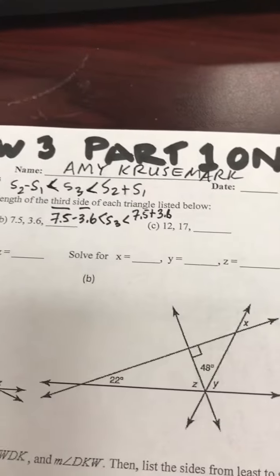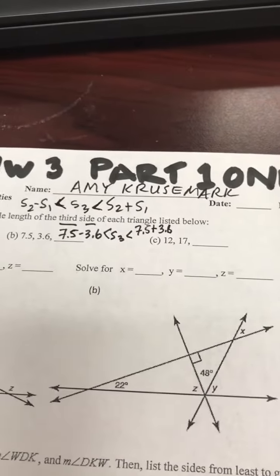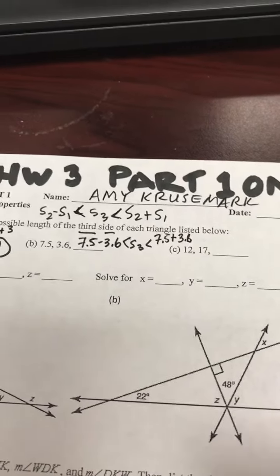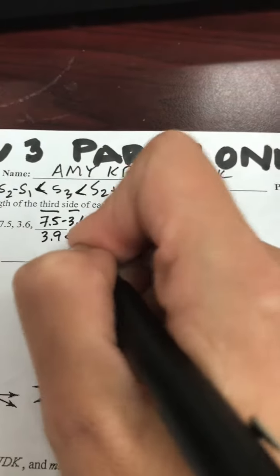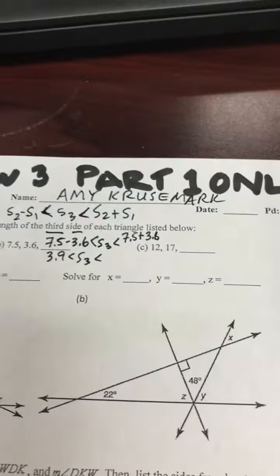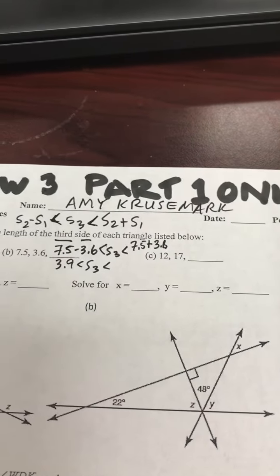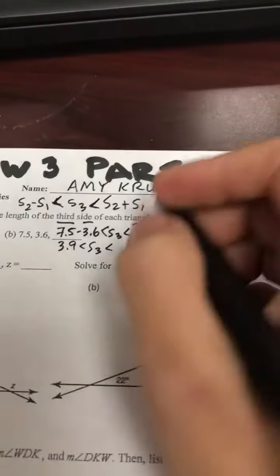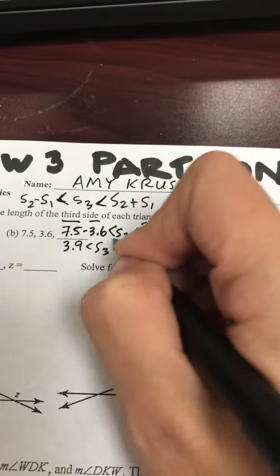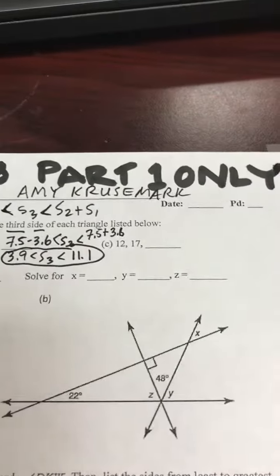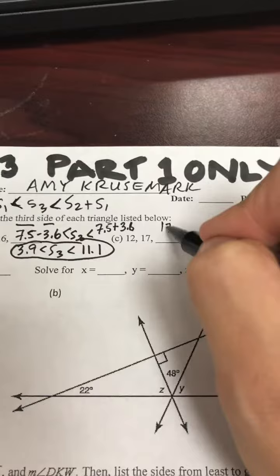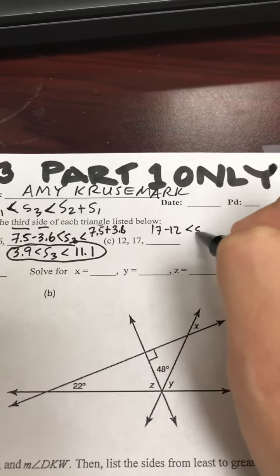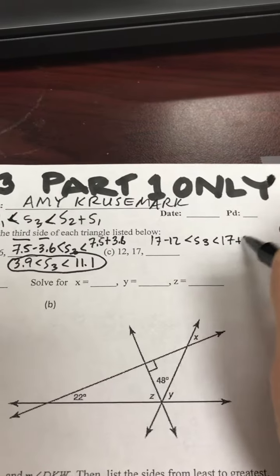So I'm going to subtract the 2. And then I'm going to add the 2. Okay, and most of you guys know how to do these. So one more, I'm going to subtract the 2. And I'm going to add the 2.